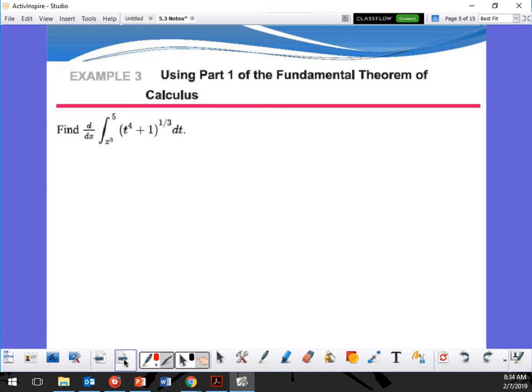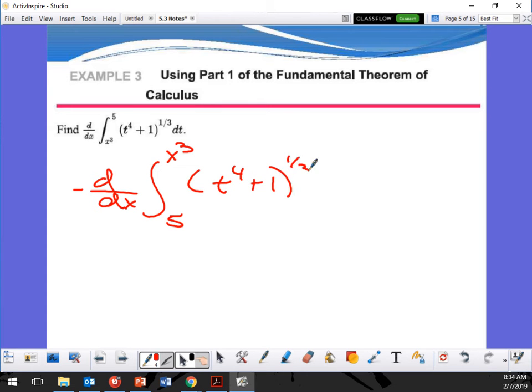So I'm moving this up, so it's going to be negative d/dx of the integral from 5 to x cubed of (t to the 4th plus 1) to the 1/3 dt. Okay, so now, 3x squared. What's the derivative of this? 3x squared.